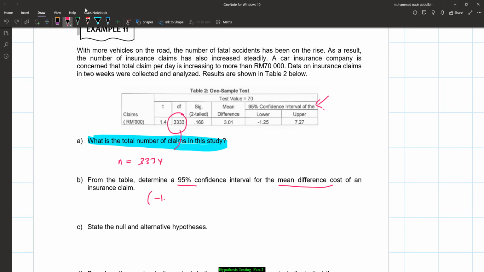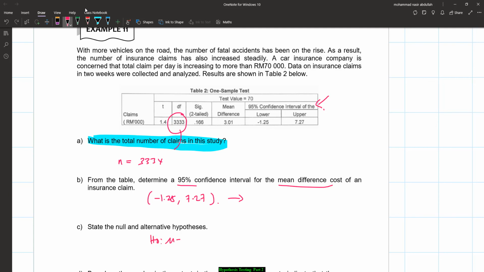So negative 1.25 to 7.27. So this is in 1,000, right? Right. So if you convert this to 1,000, this is negative 1.12500 2700. State the null and alternative hypothesis.